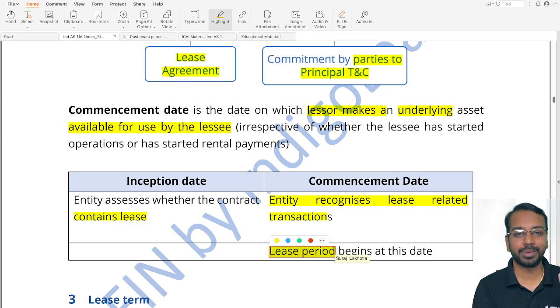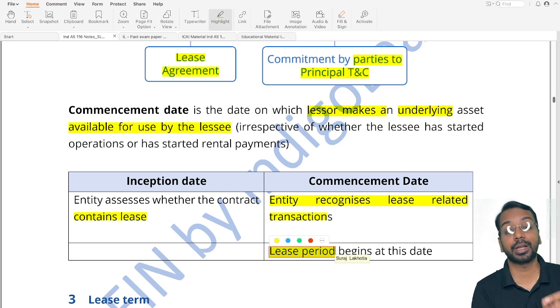So what is this lease period? The lease period, or the lease term we call, is the core of the accounting of leases. Why? Because the calculation of lease related accounting aspects, whatever we'll understand subsequently, the lease liability, the right of use asset, all of that is dependent on it. So this becomes very, very important.